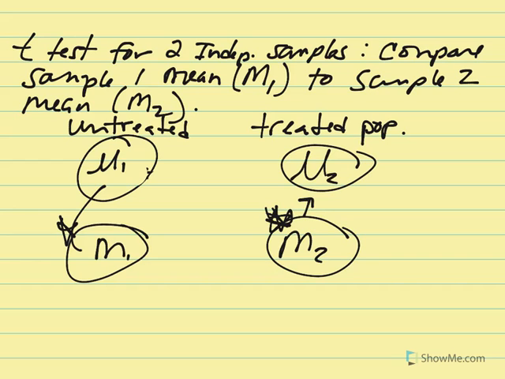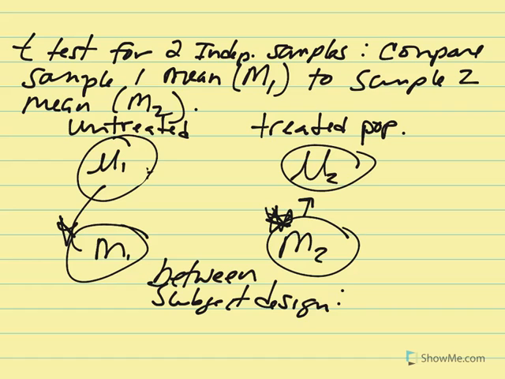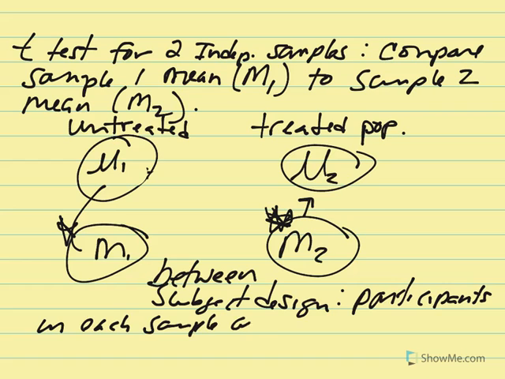So they're different people. They're independent of one another. And we sometimes refer to that as between subject design. And again, that means participants in each sample are different.